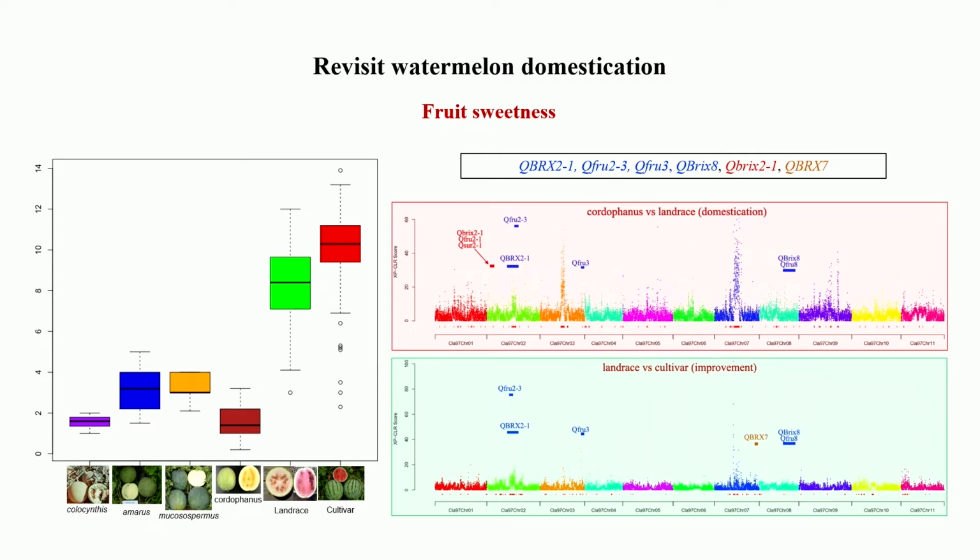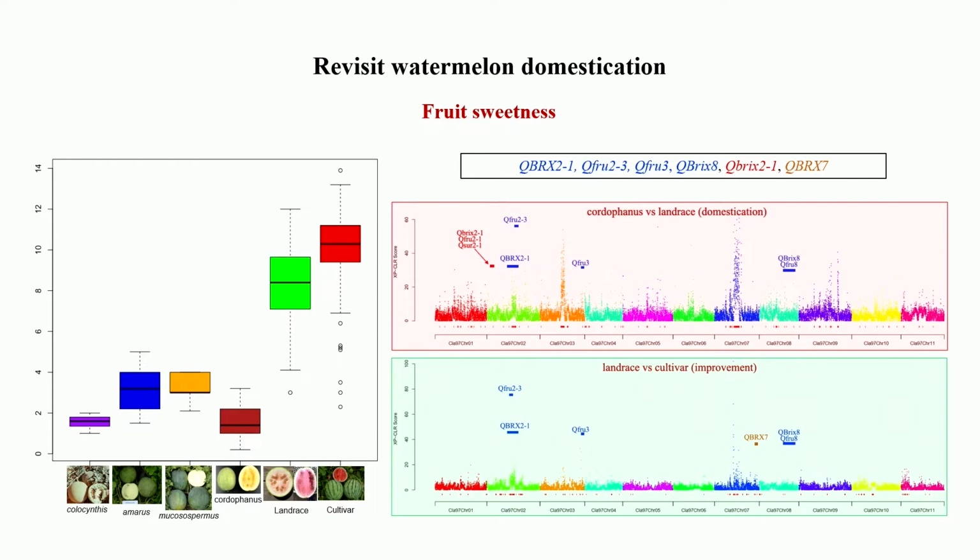Then we compared the genomes of the Kordofan melon and the cultivated watermelon landrace and identified selective sweeps, and we found that these sweeps overlap with a couple of fruit sweetness QTLs. That means during watermelon domestication, from the Kordofan melon to landrace, then to cultivar, there is a huge increase in sweetness, the sugar content.